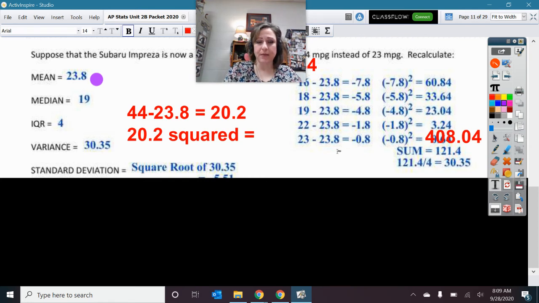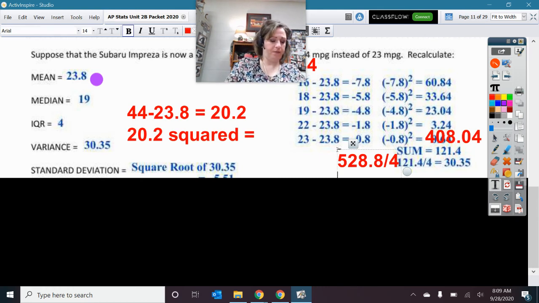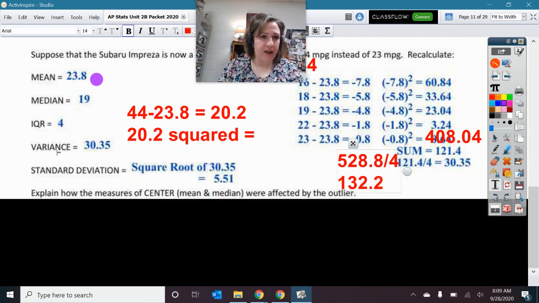Hopefully that's right in my haste. If I then divide it by 4, I get 132.2. So that is what my variance should be.